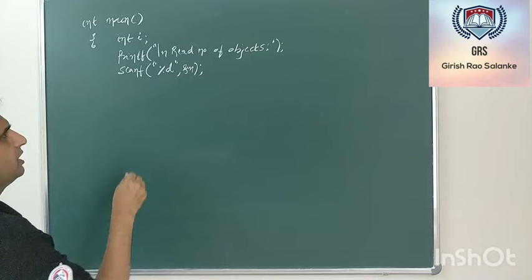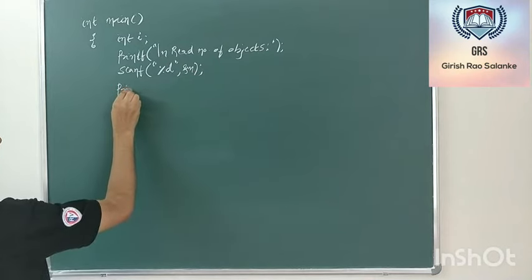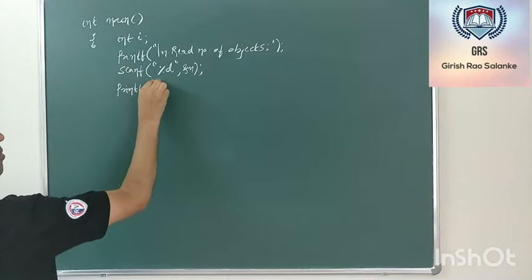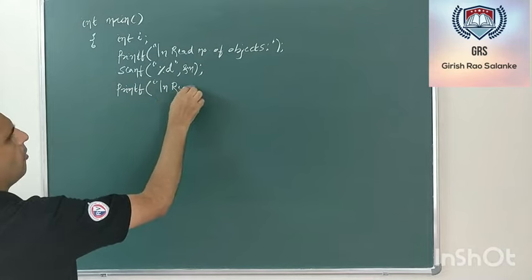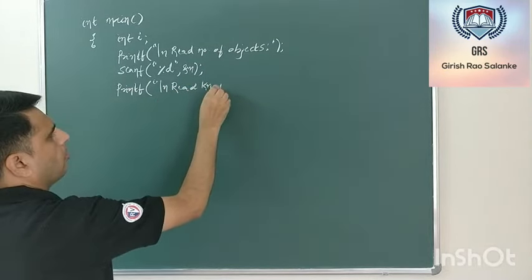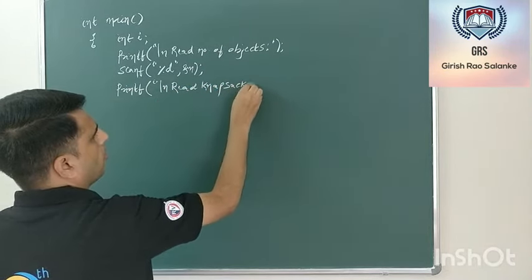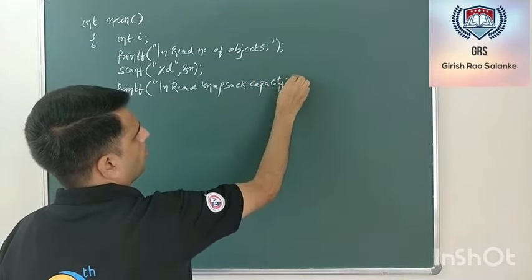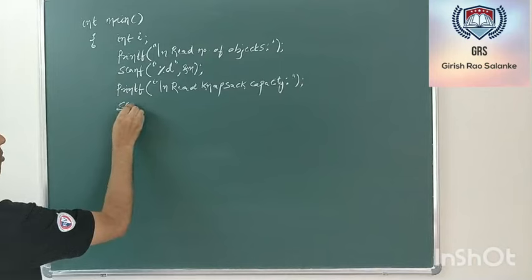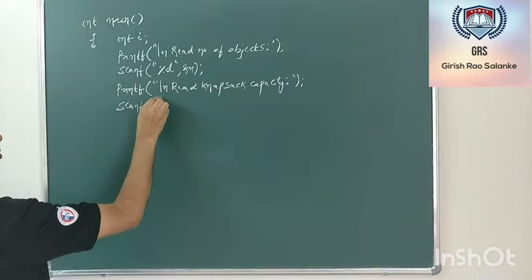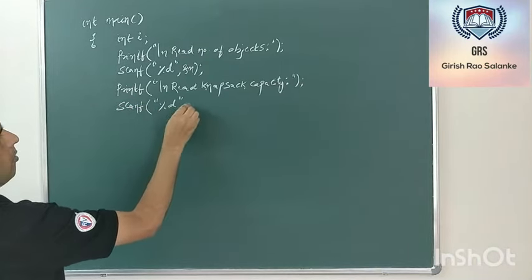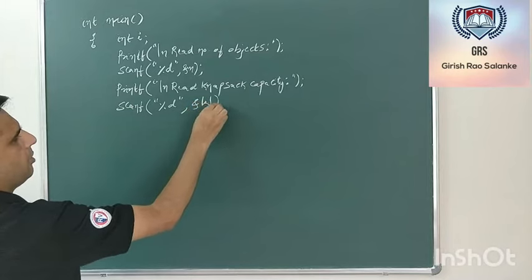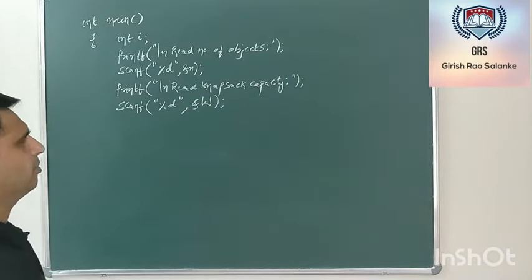Now after the number of objects, the second input was the knapsack capacity. I have used the variable capital W to denote the knapsack capacity.